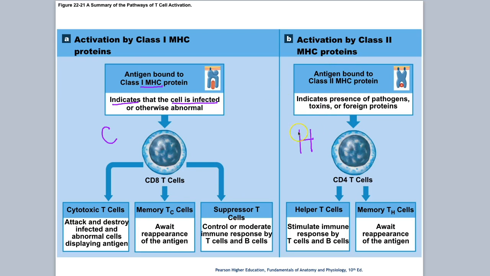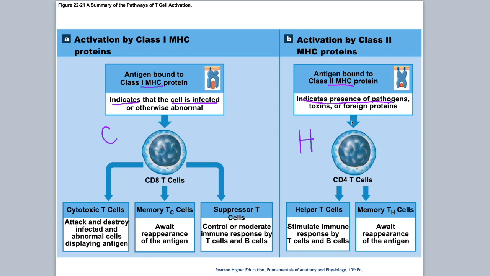The helper T cells don't inspect every single cell in the body. They only inspect phagocytic cells. And those phagocytic cells have the class 2 MHC proteins. Those are the proteins that hold whatever the phagocytic cells ate. So this is indicating the presence of pathogens, toxins, something foreign in the body.